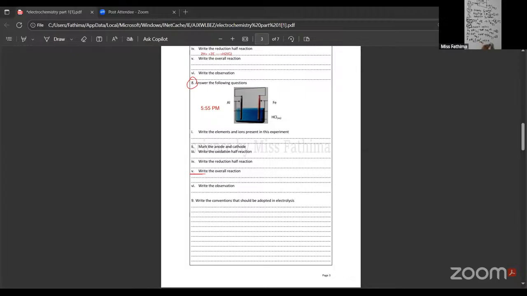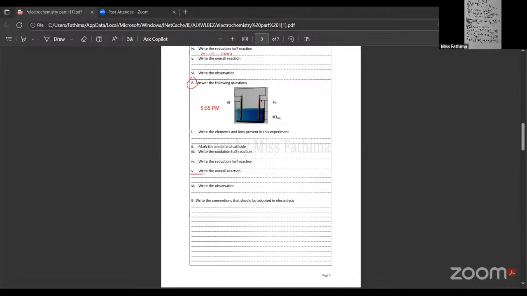I'll cancel and show that. Then you have 6 electrons here plus aluminium aqueous 3 plus and 3H2 gas, right? Now you can simplify these two and write the remaining. That is going to be the overall reaction.